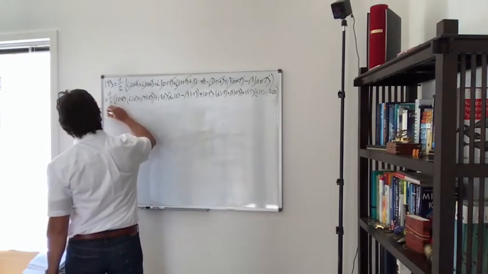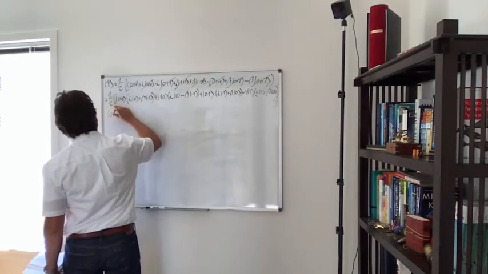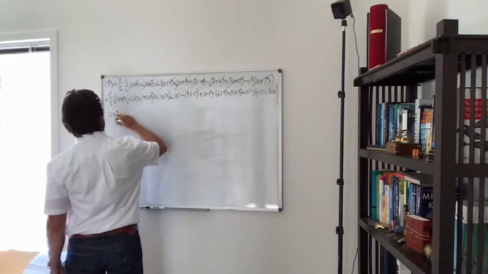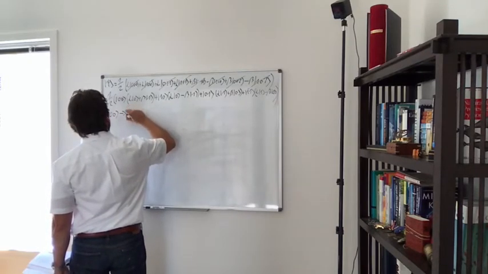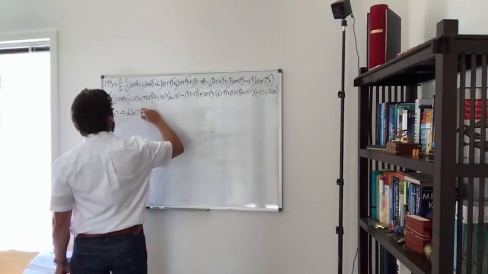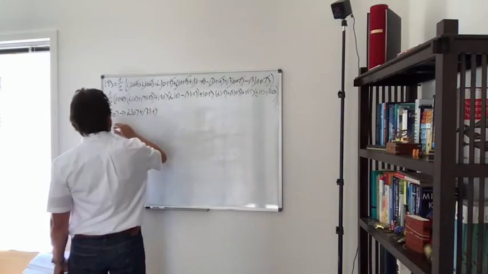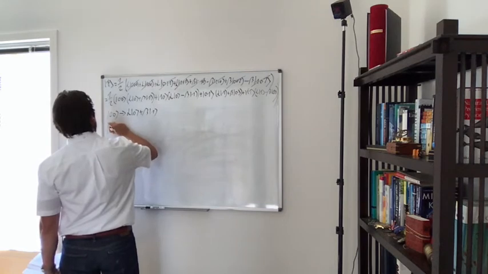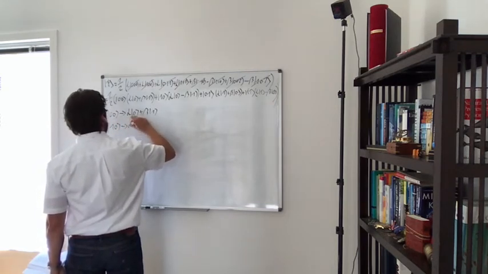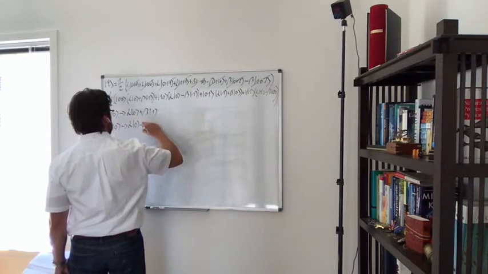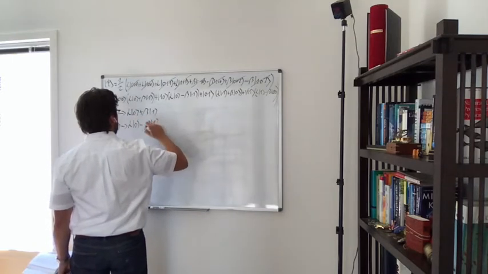So Alice does a measurement, and let's assume she measures 0, 0. Then Bob's state becomes alpha 0 plus beta 1. If she measures 1, 0, then Bob's state becomes alpha 0 minus beta 1.